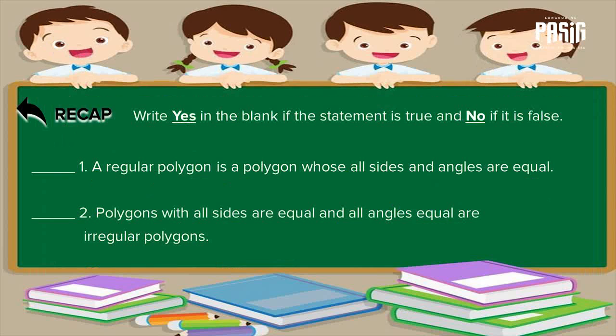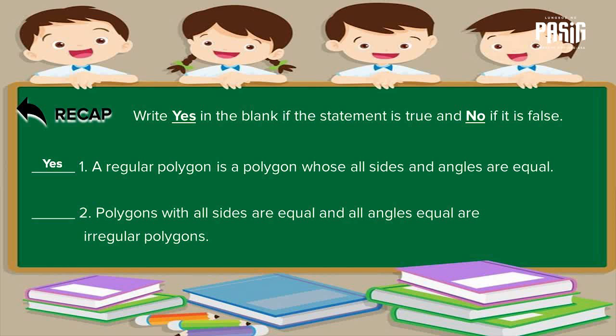Let's answer the recap. Write yes in the blank if the statement is true and no if it is false. 1. A regular polygon is a polygon whose all sides and angles are equal. And the correct answer is yes. Number 2, polygons with all sides equal and all angles equal are irregular polygons.